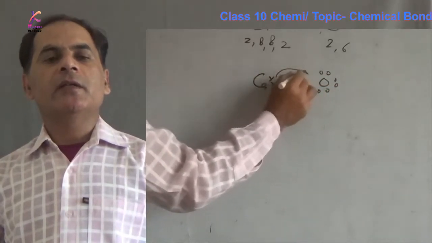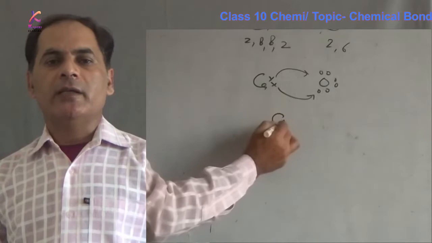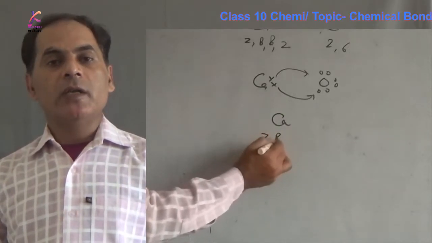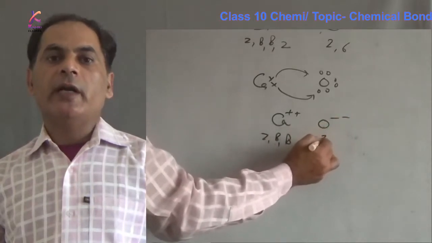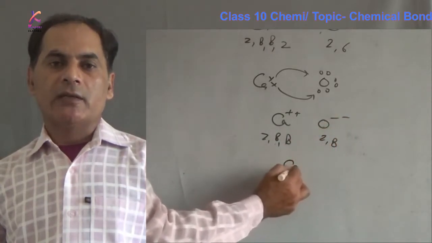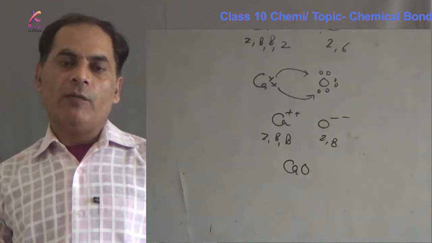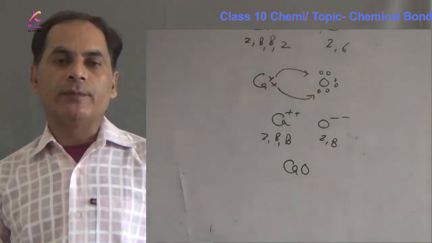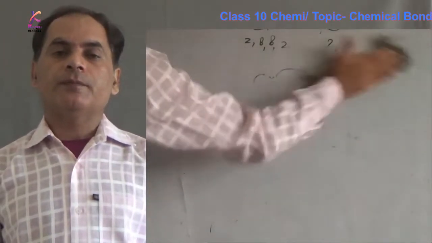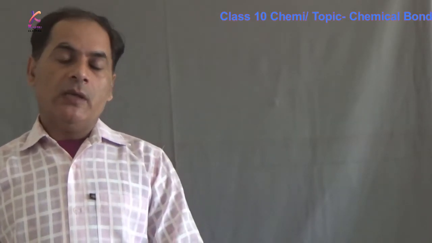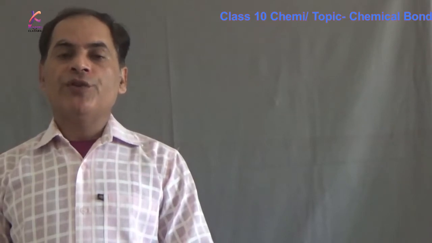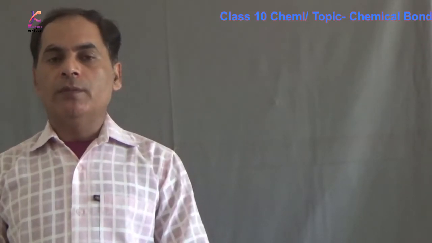So calcium gets di-positively charged as it loses 2 electrons, and the oxygen atom gets 2 electrons, so it gets di-negatively charged. The ions are again formed, so they form an ionic bond.